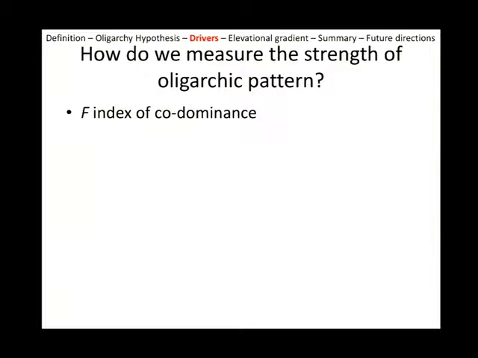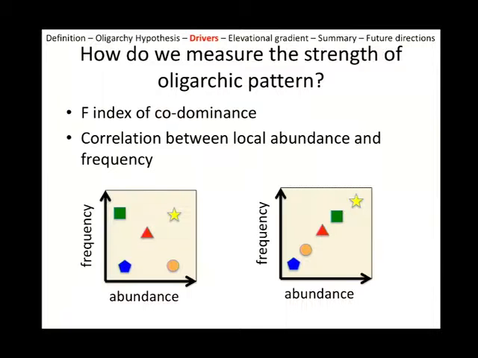And this F-index can be high only when the species are abundant in many of the plots. It is low otherwise. The second method was the correlation between the local abundance and the frequency.